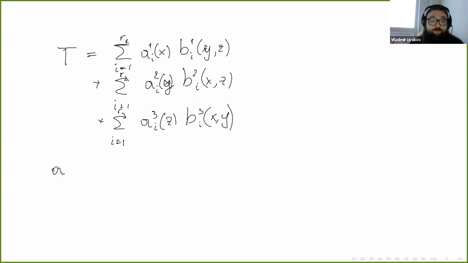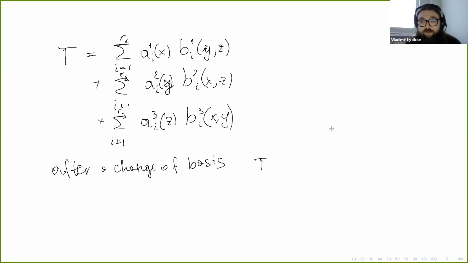So after a change of basis, we can actually assume that these A's are first basis linear forms. These A's are also first basis linear forms. So T actually has the following form.